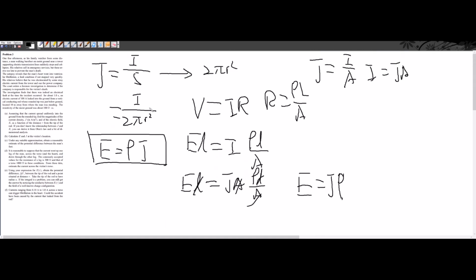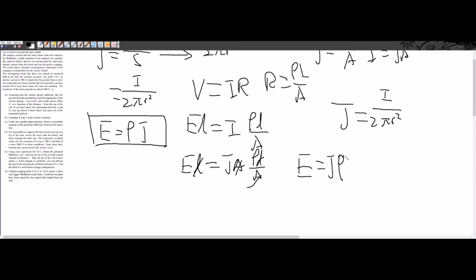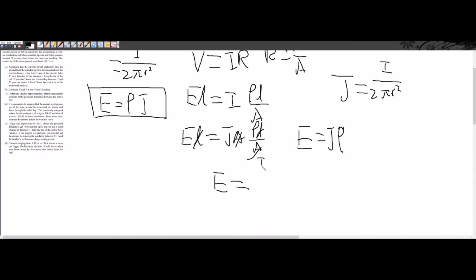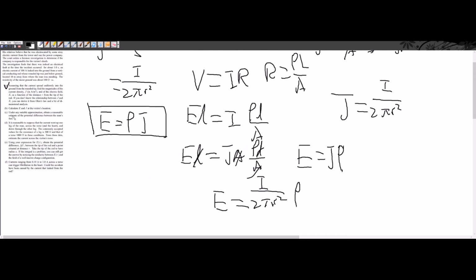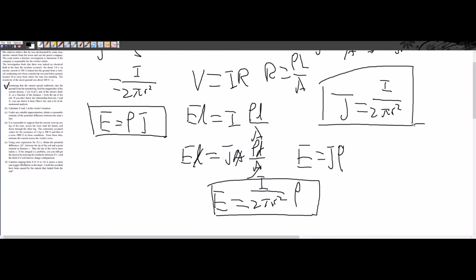J is equal to current over 2 pi r squared. Now I want to find E. E is just this thing times rho, so E is going to be current over 2 pi r squared times rho. Now I want to find E and J at the victim's location. We know all the variables here: we know the current, pi, rho.